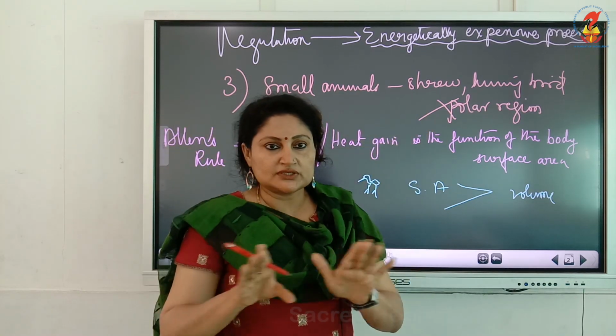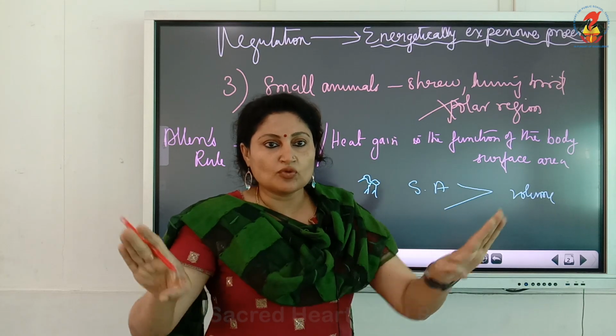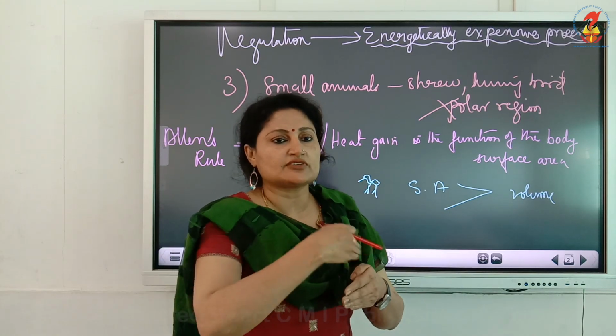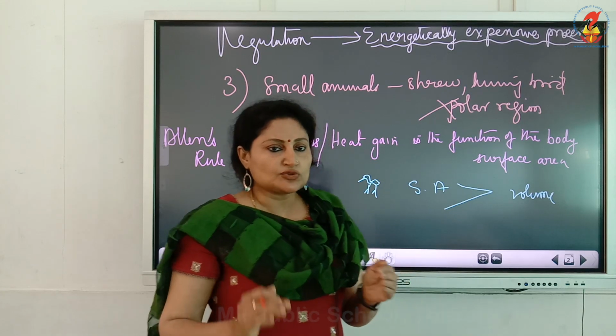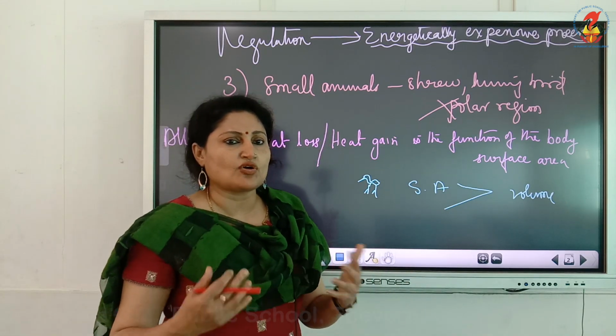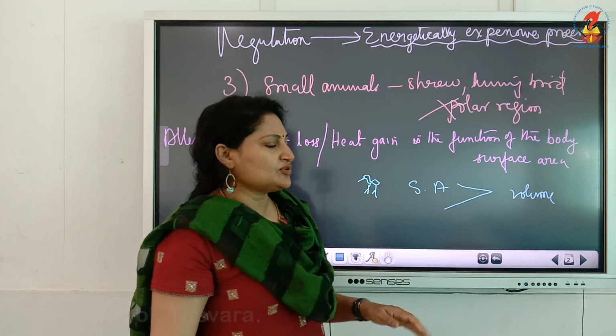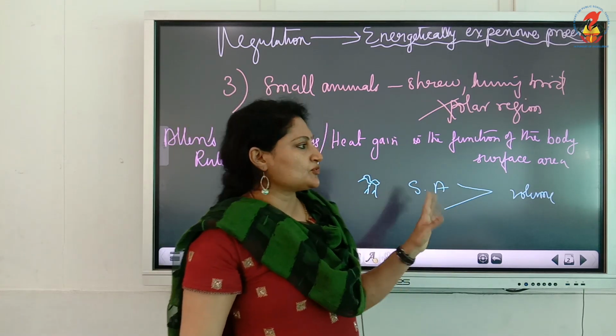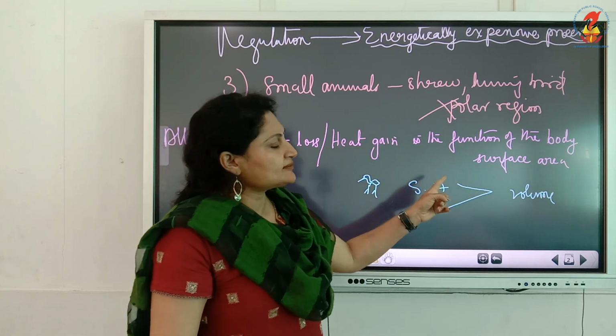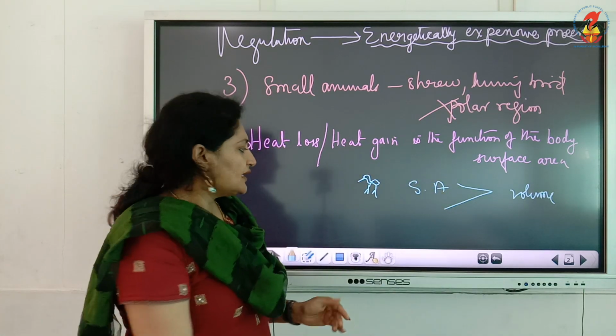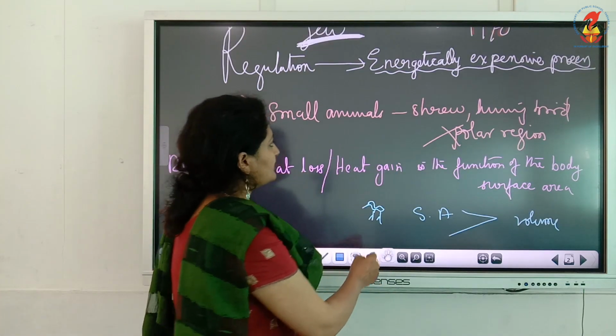If you remove the skin and unfold it, it's more than its volume. So a lot of heat is lost through the surface area, and to maintain that heat, they have to undergo a lot of metabolism, which is not possible. So it's an energetically expensive process, and this is the reason why these small animals are not found in the temperate regions or mainly the polar regions.